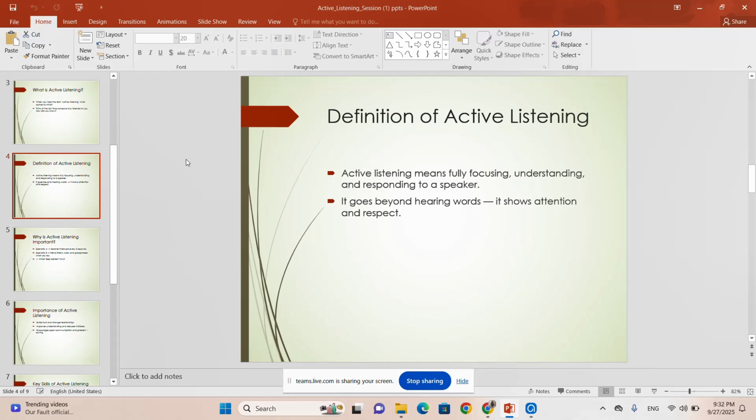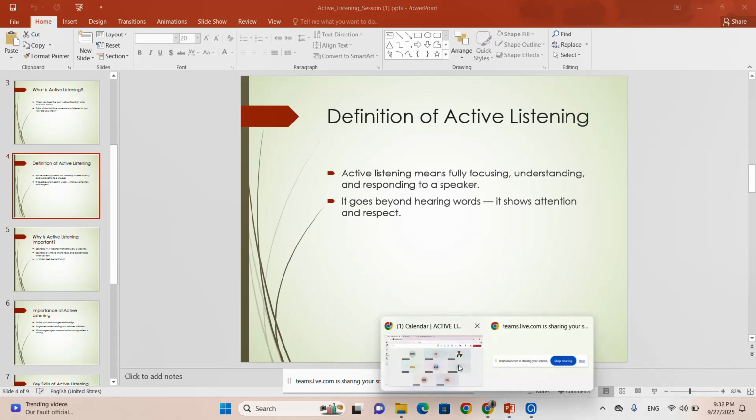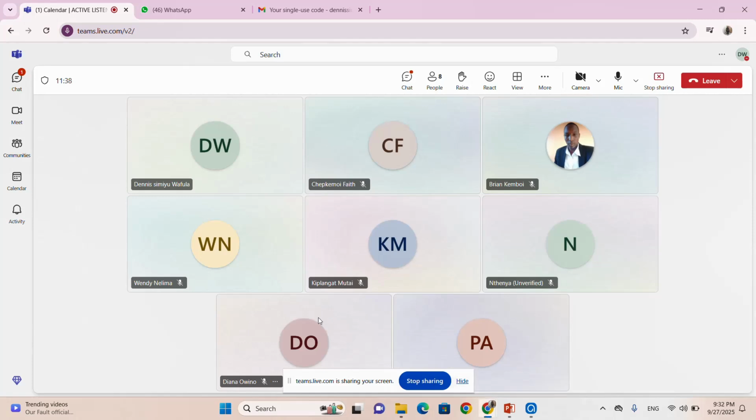Let's compare two situations. In situation one, a teacher keeps interrupting every few seconds. In situation two, a learner listens, notes, and paraphrases what the speaker is saying. Which one feels better to you and why?